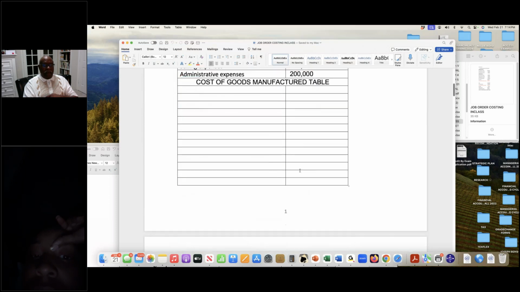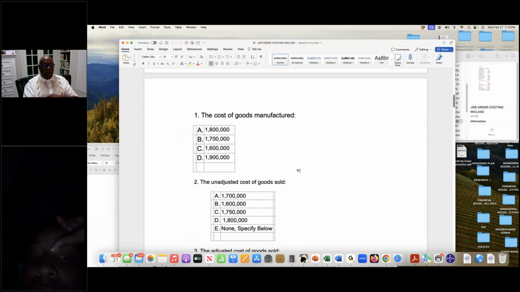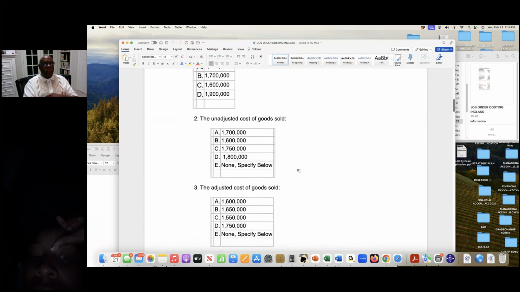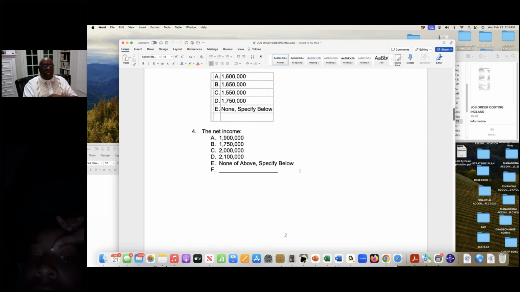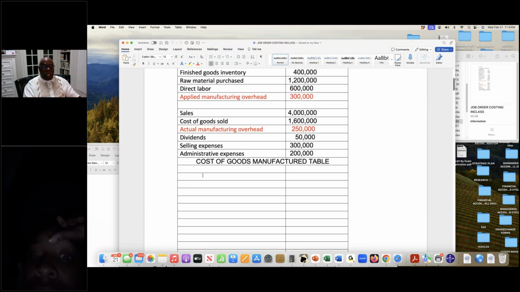Then do your cost of goods manufactured table and answer these multiple choice questions. To answer these multiple choice questions, you probably also need to do the COGS table and your income statement. So that would be good practice.